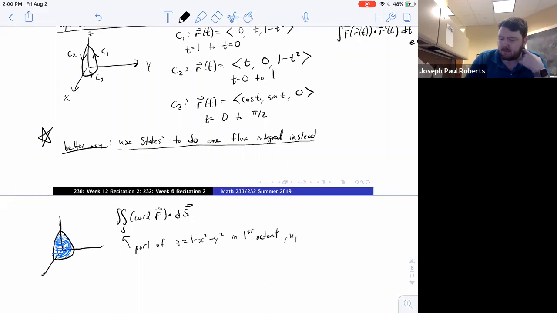And there's this right-hand rule that's sort of going on that makes sure we have compatible orientations between our curve and our surface. But the most common situation that you can just get used to remembering is that counterclockwise from above on C corresponds to upward orientation on S.